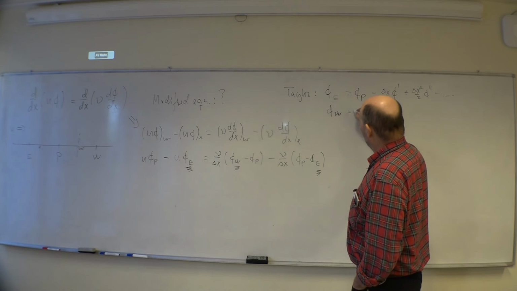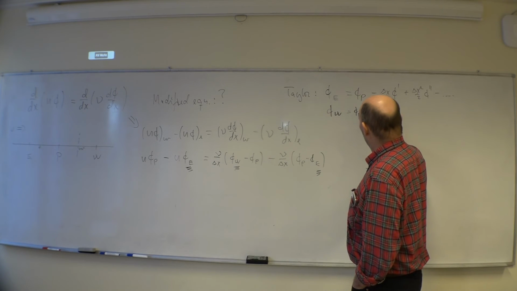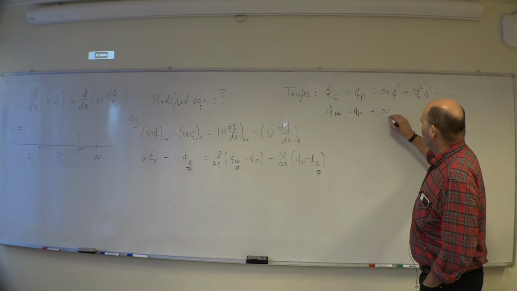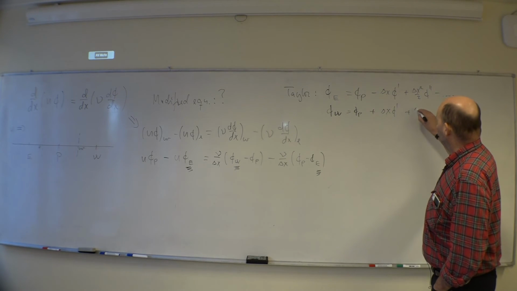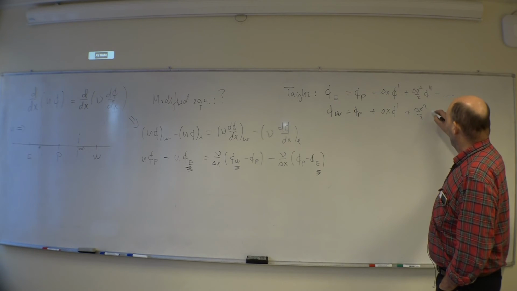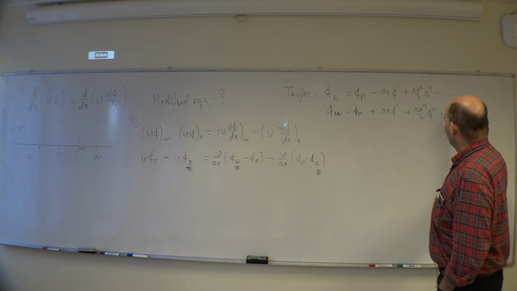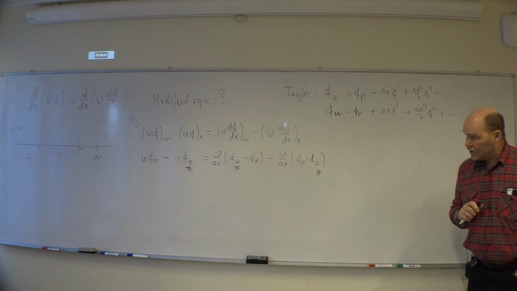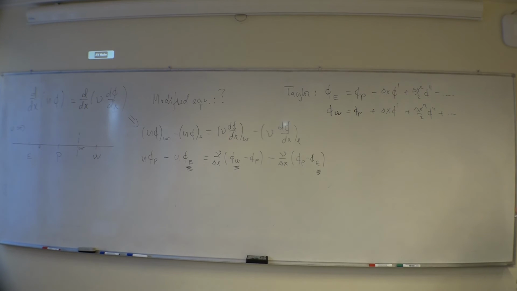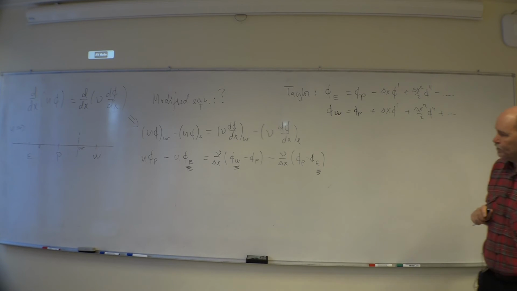Phi w will be the same, but now plus delta x and plus. So insert these into your scheme. What do you get?